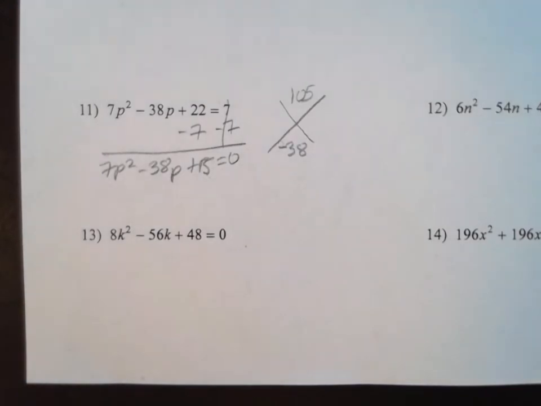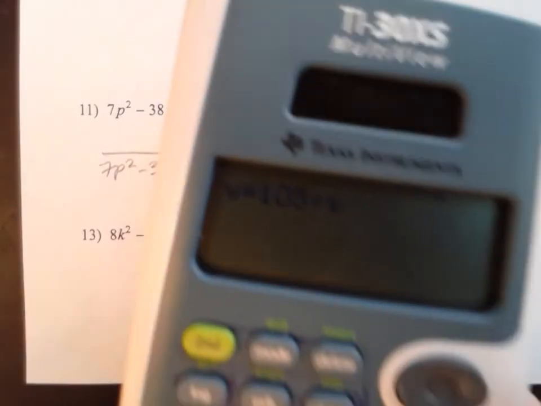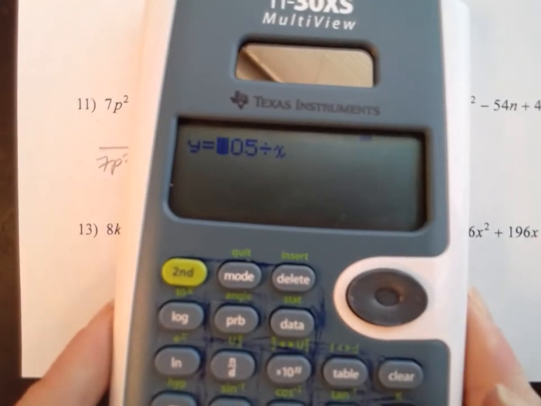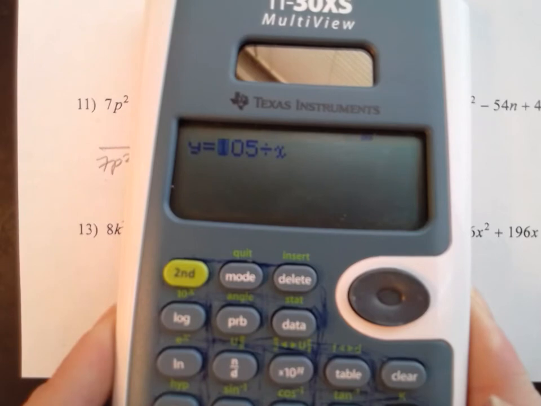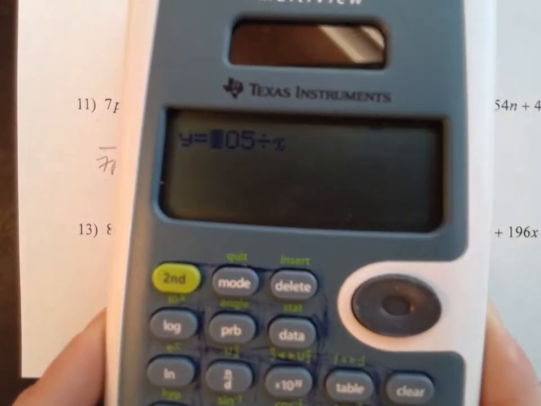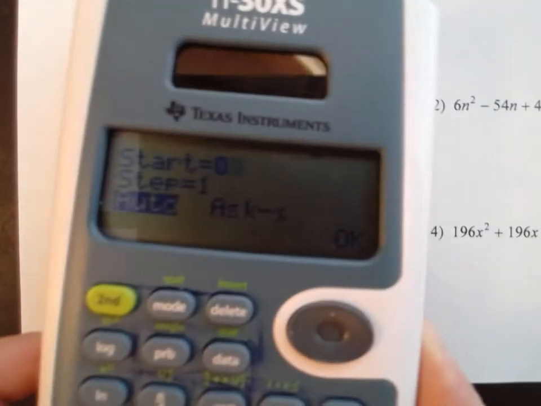Now from there, I'm going to use the calculator to find the value. So I'm going to put in the calculator, I'm going to hit the table button and go to the y equals and do the top number, 105 divided by x. I want to start at 0.